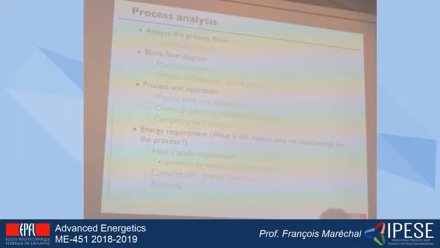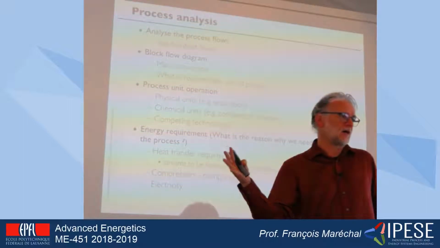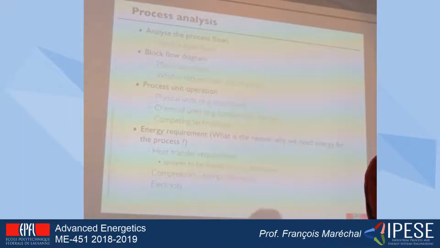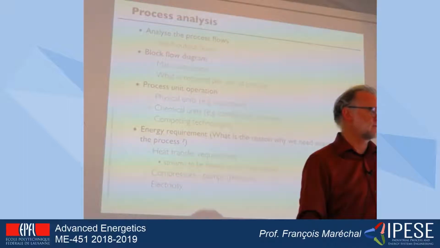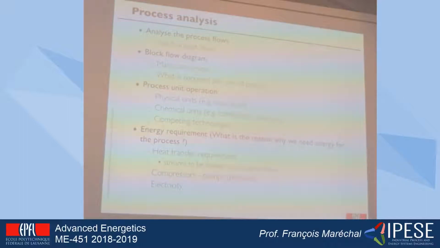Sometimes you produce compressed air just to create an inert environment above a given tank, which means that in fact you do not need compressed air at 7 bar, but 1 bar is enough. Okay, so you have to really define what is really needed, right? By analyzing the process unit operations.